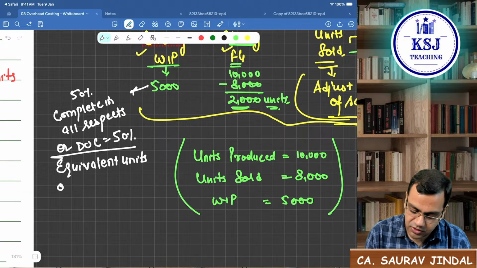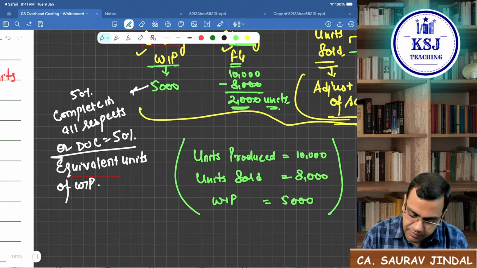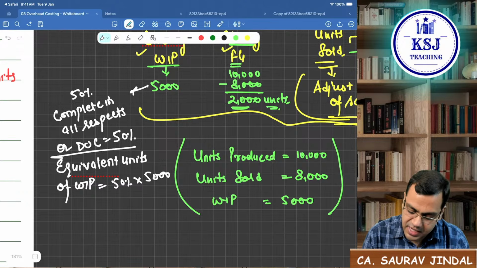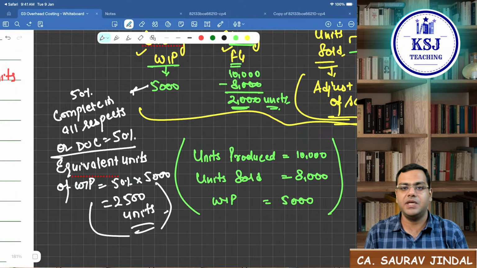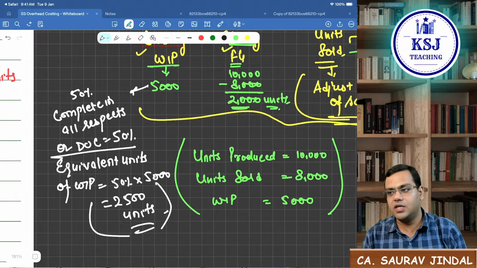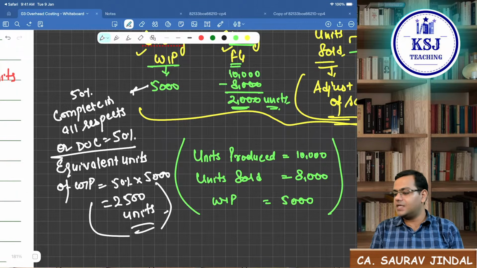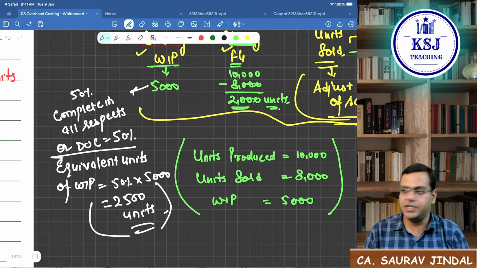Equivalent units of WIP. Right? So equivalent unit means if 50% cost is incurred, that means the cost equivalent to 2,500 units has been incurred in WIP. So in the WIP you will take 2,500 units in this case. Right? Not the 5,000 units. If the degree of completion is given, you will take 2,500 units, that is according to degree of completion.